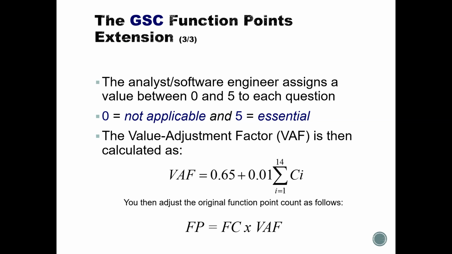Ci here represents those 14 factors that you add. Once you get this value adjustment factor, you multiply it with the function point that you have calculated, and then you get the new function point, the GSC function point, for the whole system.